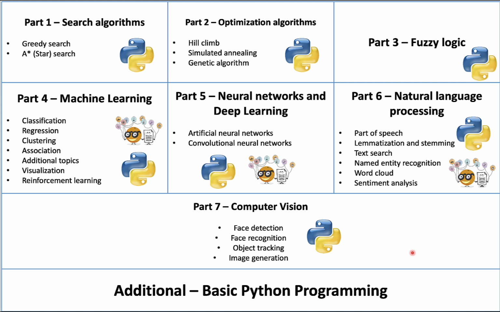It is important to emphasize that we could do a complete course on each of these areas. However, the focus of this course is to show some topics of them. As I have said before, there are many areas within artificial intelligence, and it is difficult to choose which area you want to work in. So the course has been created to help you choose the area you would like to study.